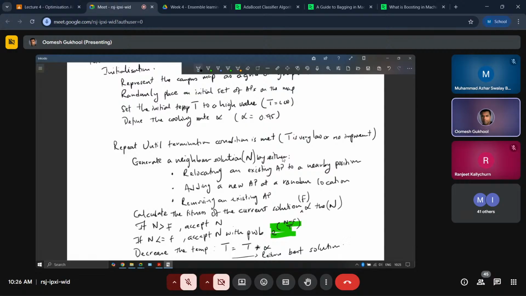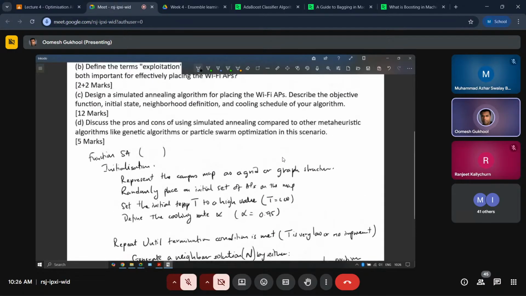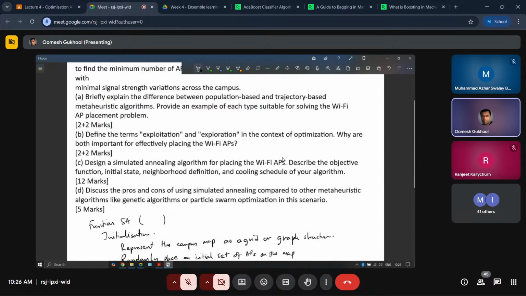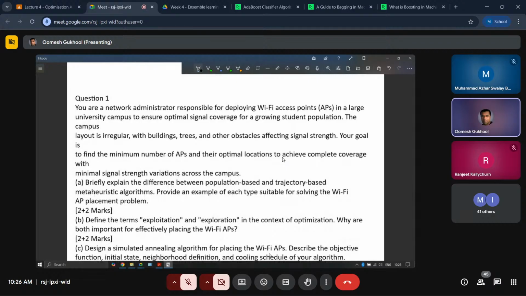Okay. So my objective function, just as a note.